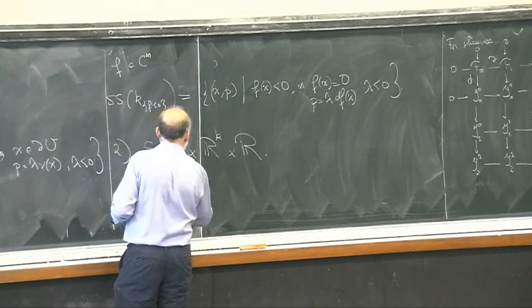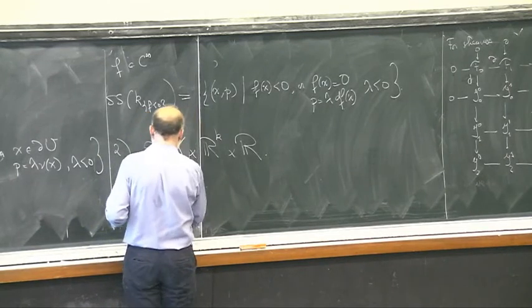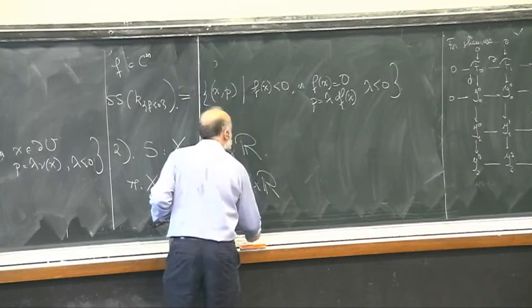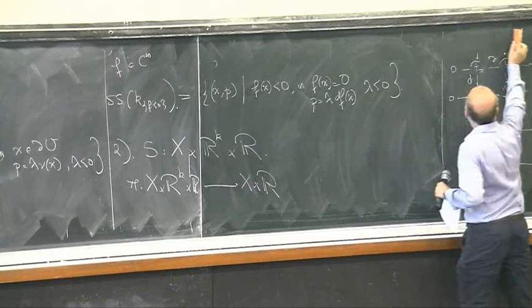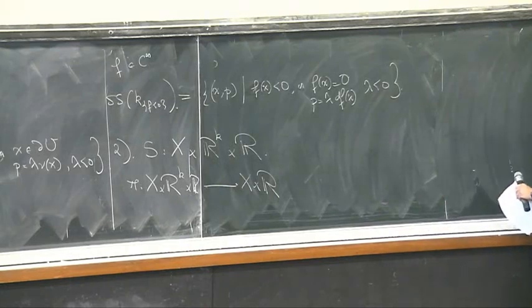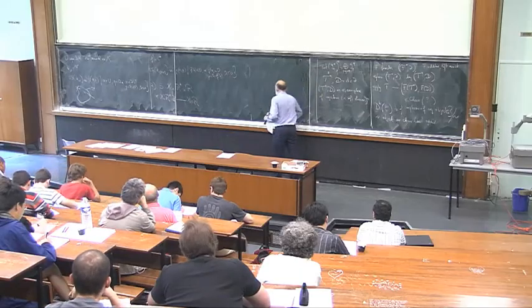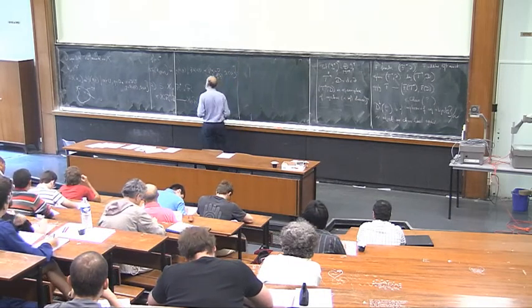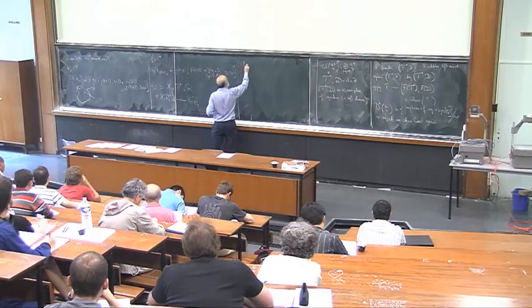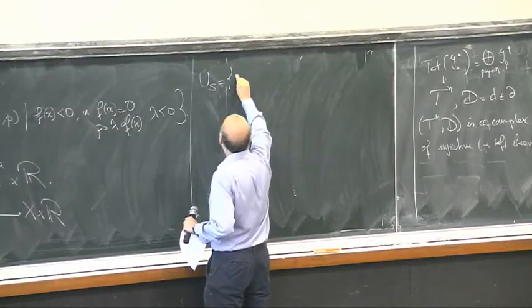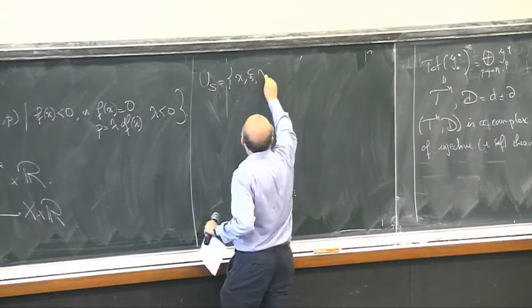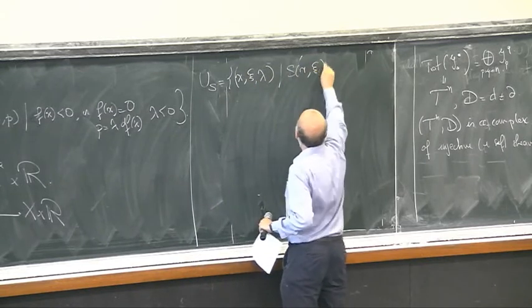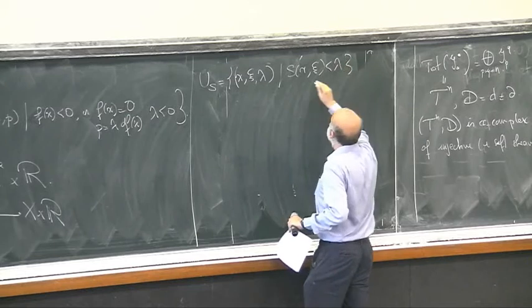And look at the projection from X times R^k times R to X times R. So I can take the set U_S, which is the set of (x, psi, lambda) such that S of x and psi is less than lambda.